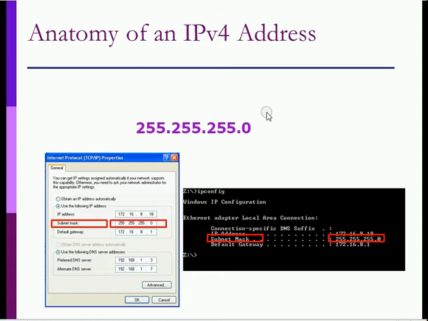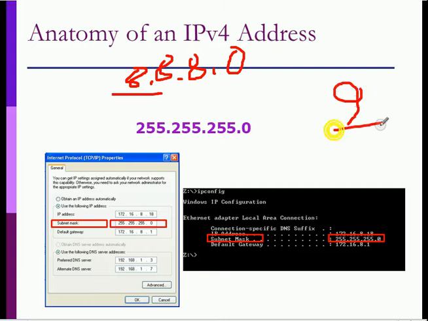What on earth is this? Remember we used 8 over there: 8, 8, 8, 0. So the subnet mask suggests 8 is the limit, right? You can never have 9 bits over there. So 8 is your limit, and it goes up to 2 to the power 8, which is 256.